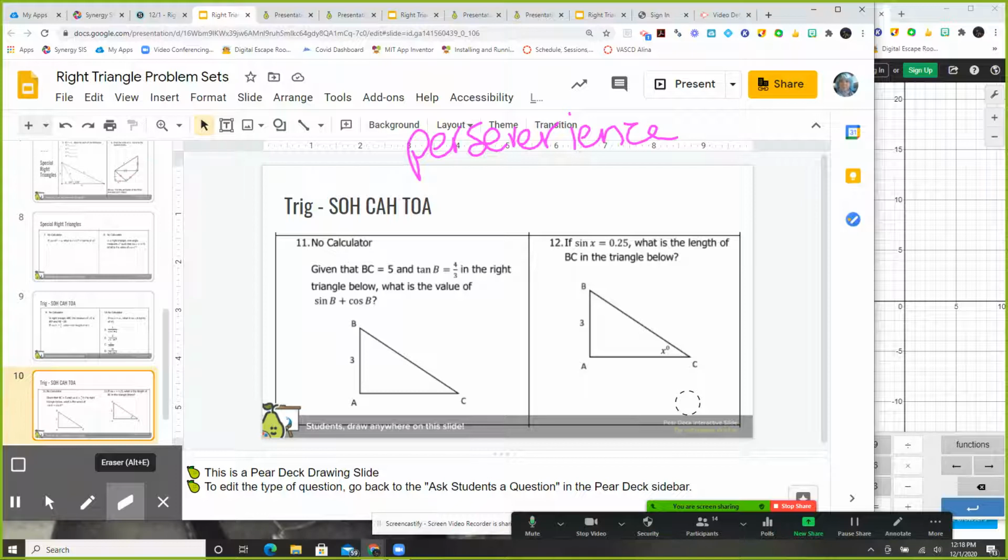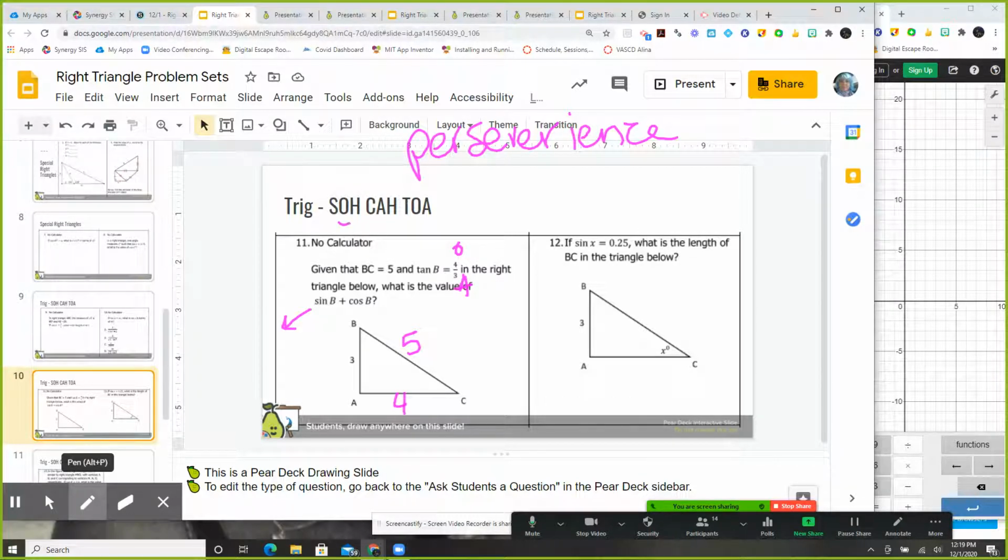So for 11 and 12, you at least have pictures. You don't need to draw a picture. So what can we label? Absolutely. And what else? AC is 4 because that's the opposite side of B, O over A. So now what's the sine of B?